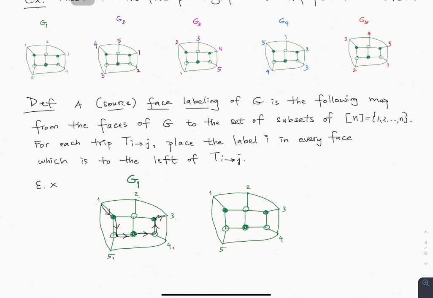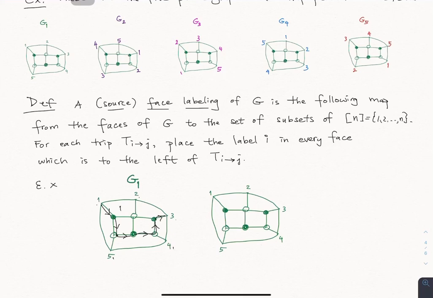And so this side is the right side of 1, but I want to place the label 1 in the faces which are to the left of 1. So I put 1 in each of these 4 faces.